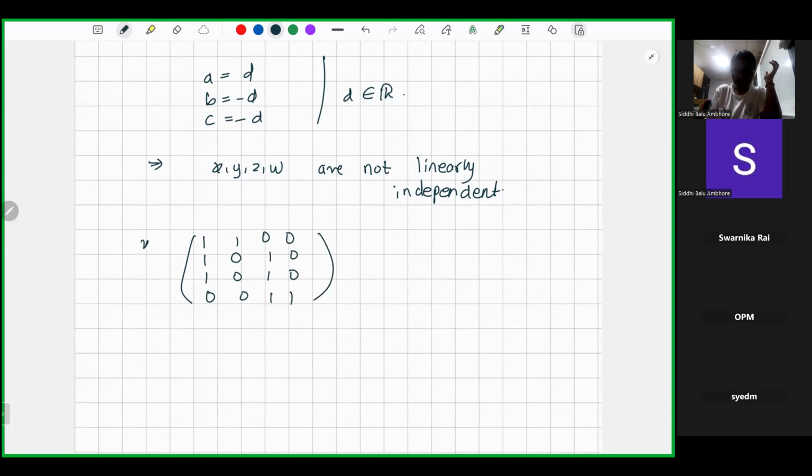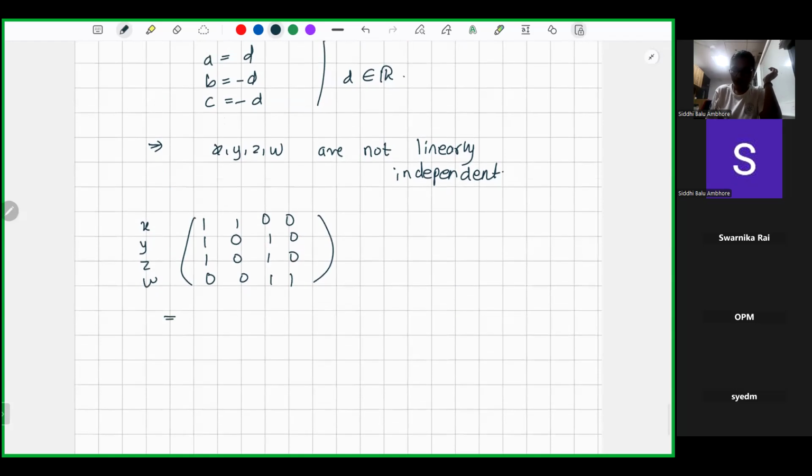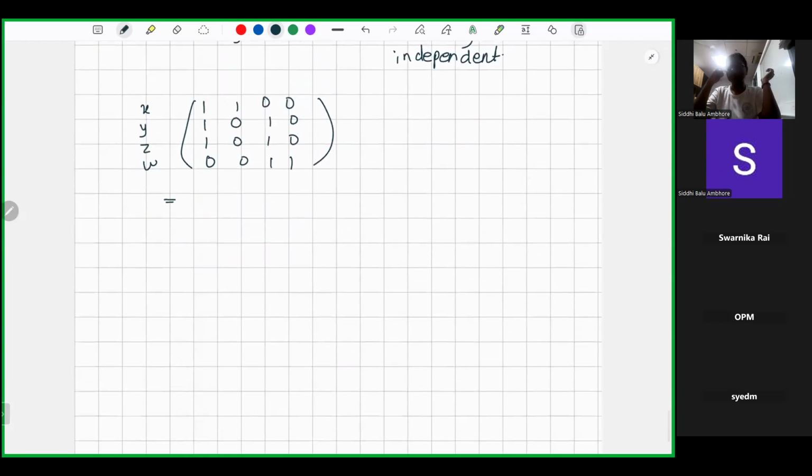So this is my X, this is Y, this is Z and W. And if I try to convert this into row echelon form, then one of them would vanish. So the dimension of U plus W is the number of non-zero rows in the row echelon form of this matrix, right?